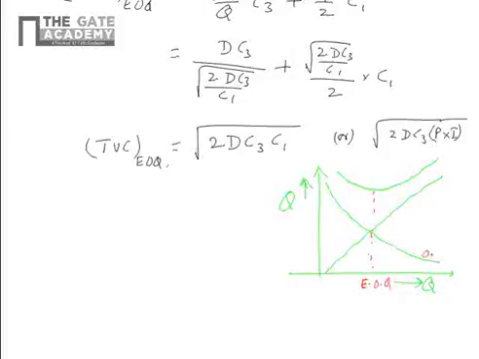This one is the number of orders: as quantity increases, the number of orders decreases. So ordering cost decreases, ordering cost is equal to DC3 by Q. This line is a straight line: as the ordering quantity increases, carrying cost increases. It's directly proportional. So this is C1 or carrying cost. This is total variable cost.